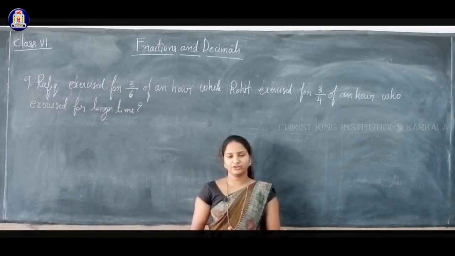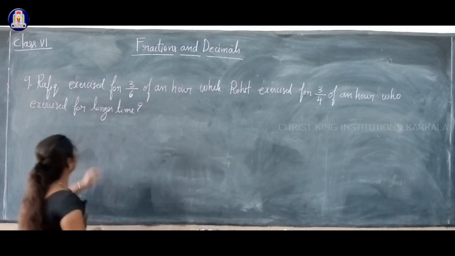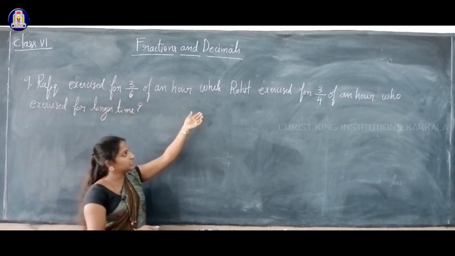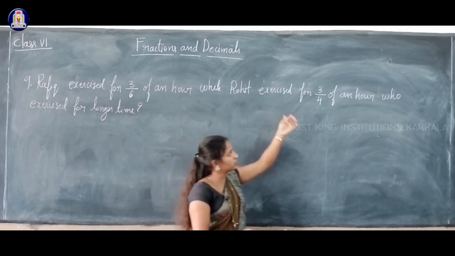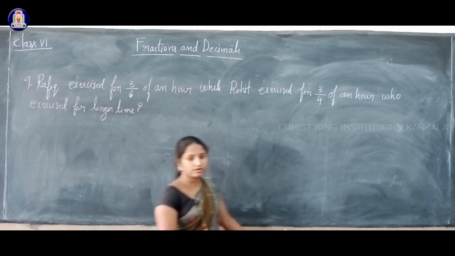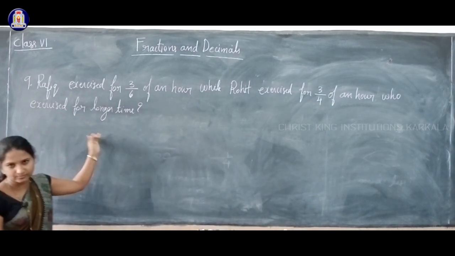Clear? Hello students. Okay, we'll now solve the 9th question. See, Rafiq exercised for 3 by 6 of an hour, while Rohit exercised for 3 by 4 of an hour. Now the question is, who exercised for a longer time? Understood?